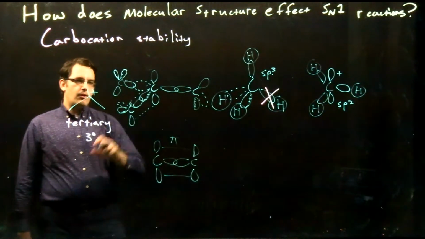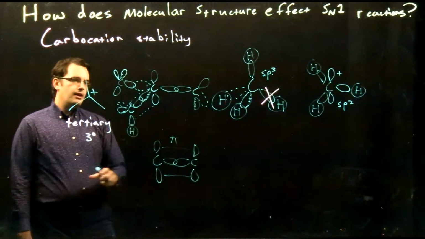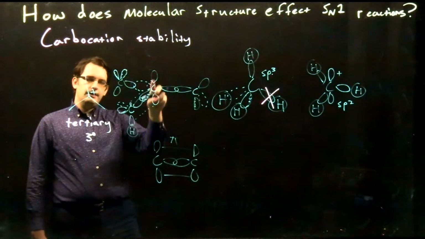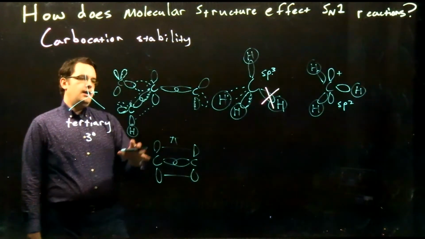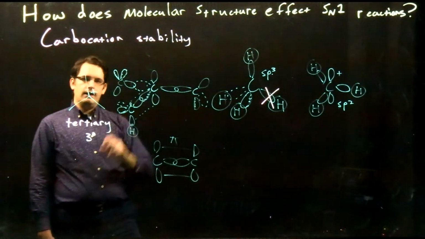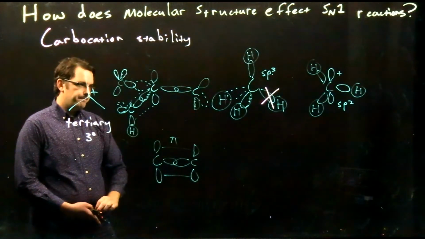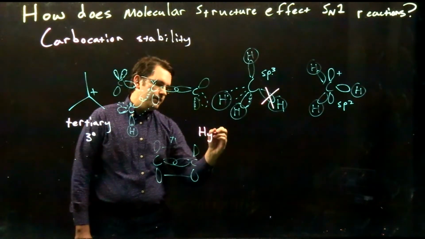So my sp3 orbitals that my carbons are using to bond to hydrogens over here can also overlap a little bit with my empty p orbital on my carbocation, and can share some electron density into my electron-poor carbocation. We call this hyperconjugation.